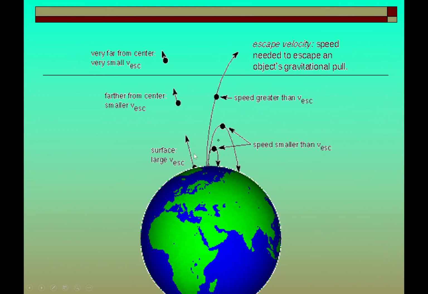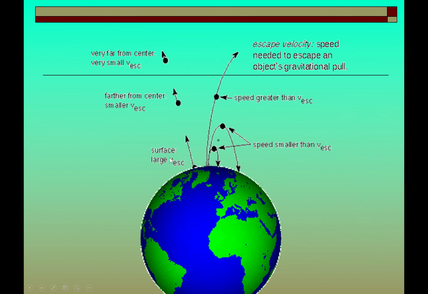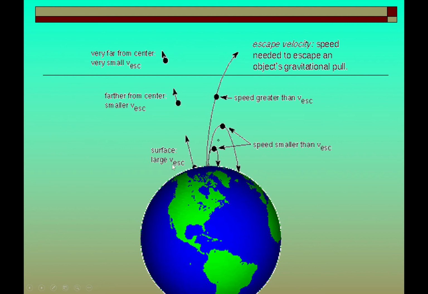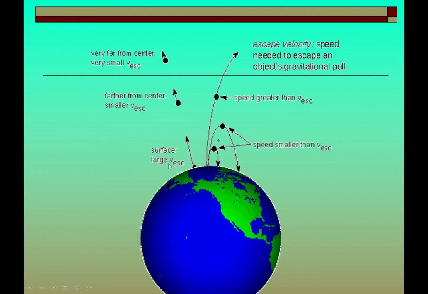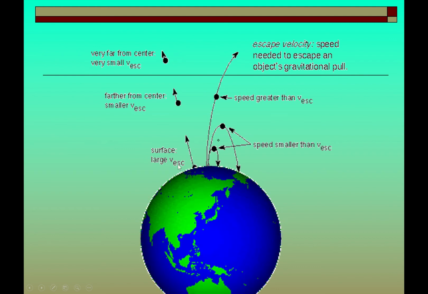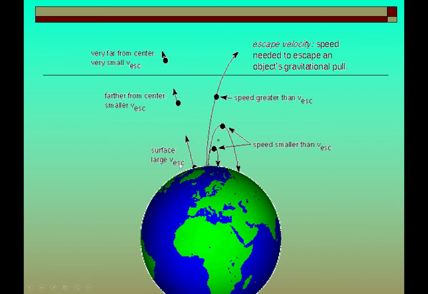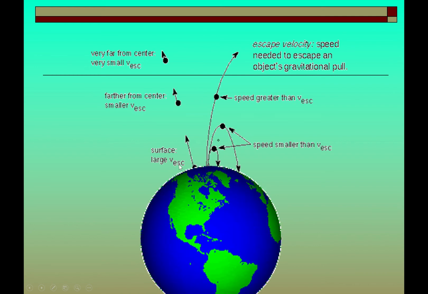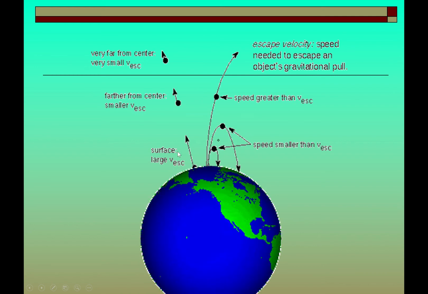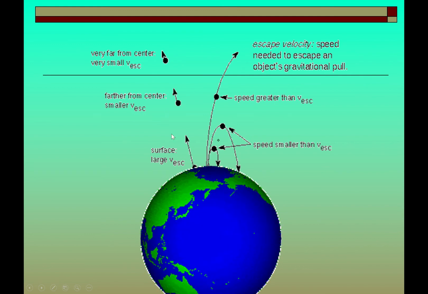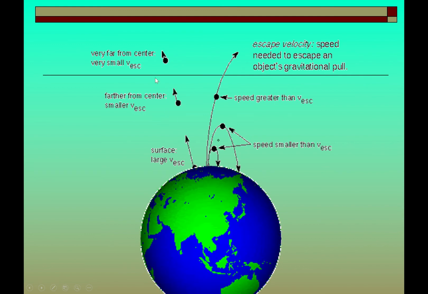On the surface of the Earth, if the escape velocity is large enough, for example, for Earth, where the rocket is launched at 11 km per second, it manages to escape the gravitational pull of the Earth.